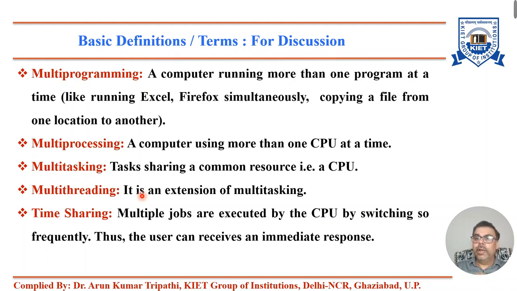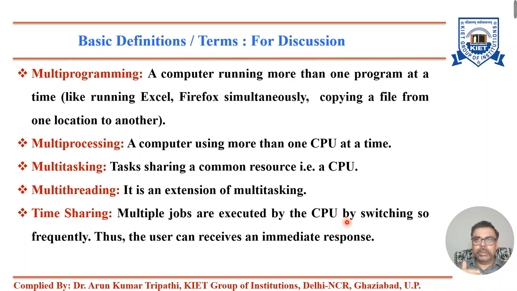Time sharing. When two or more jobs are executing simultaneously by the CPU, it switches from one task to another task or one job to another job. So there is time sharing. The CPU may perform 5 tasks, and there is a time slice of 2 milliseconds for each process.